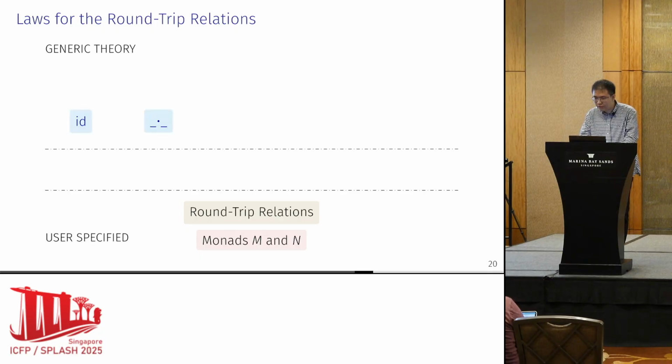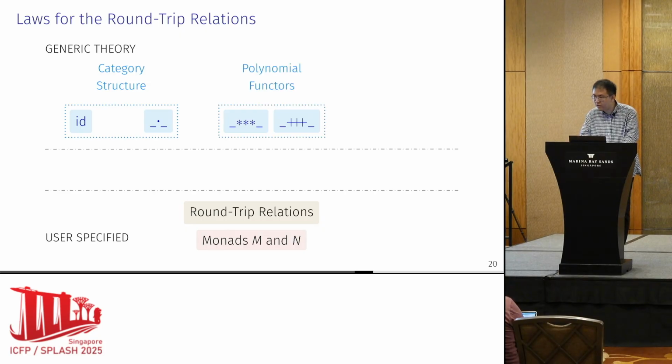So for example, we want some combinators like ID and composition, which provide a category structure for lenses. And also we want product and sum, which support polynomial functors. And finally, we want something to support manipulating the complements for the lenses. And all of these combinators should work regardless of what effects the user might choose.